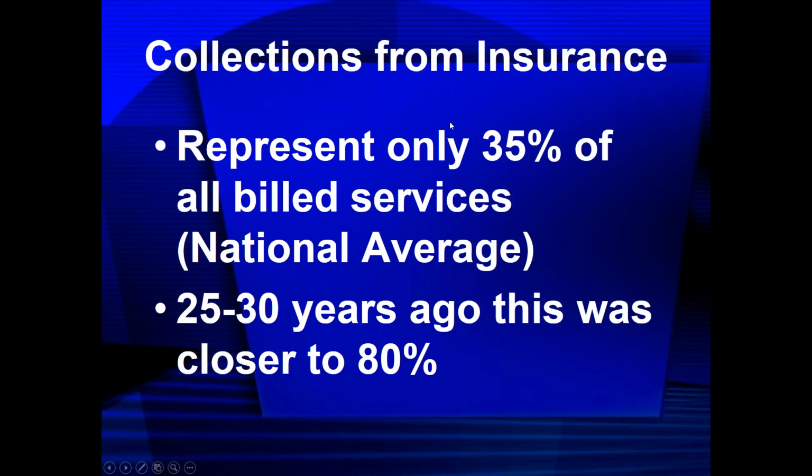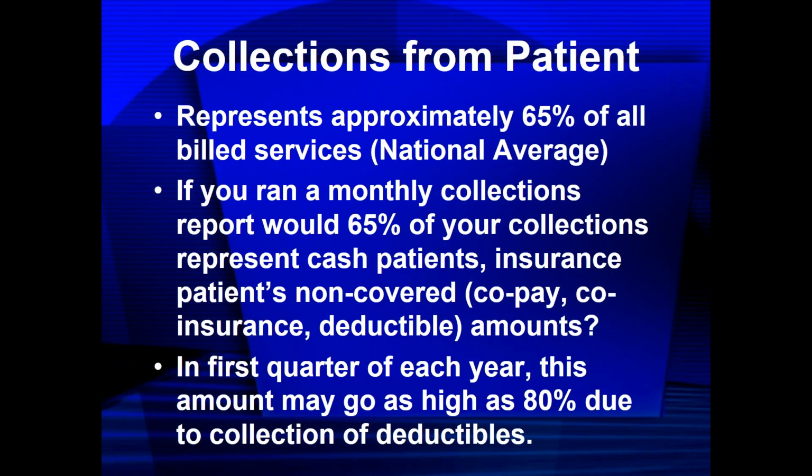But if you're only getting 35% of your reimbursements from insurance, that means that the remaining 65% of all the rest of the billed services is coming from the patient. Now that 65% includes your self-pay patients, ones with no insurance, and then ones with insurance that have to meet deductibles and copays and coinsurance amounts, or their cost share.